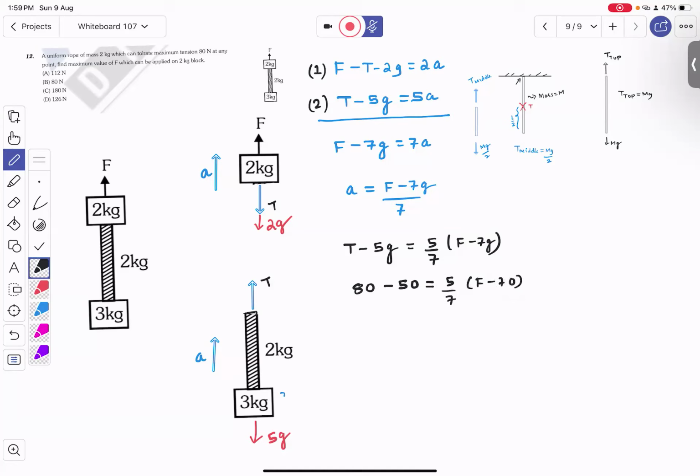After this, I think you can solve. 80 minus 50 will be 30. So 30 into 7 by 5 is equal to F minus 70. So F equals 70 plus 42, and that will be 112 Newton.